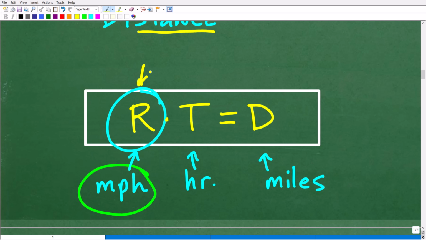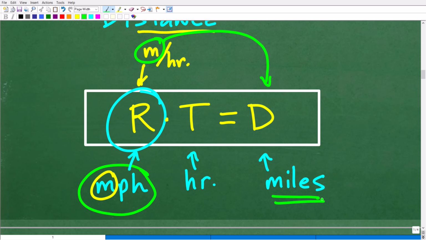So if our rate is measured in miles per hour, what is our distance and what is our time? Well, our distance is miles. So here in our rate, we're comparing miles and hours. So the distance in this formula also must be in miles, and our time must be measured in hours.